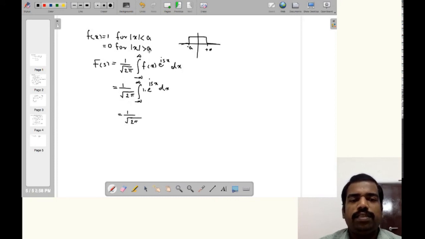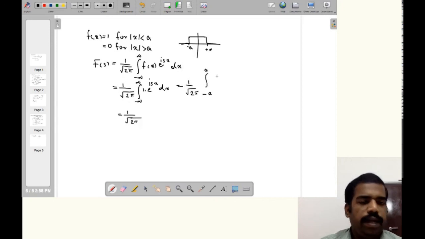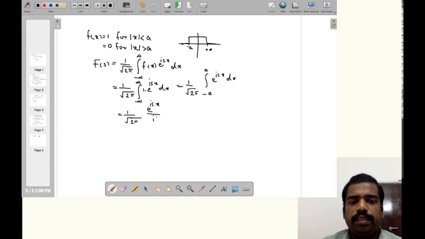Here the limit should be changed from minus a to plus a, right? So it is equal to 1 by root 2 pi integral minus a to plus a e raised to i sx dx, which is e raised to i sx divided by is, within limit minus a to plus a.